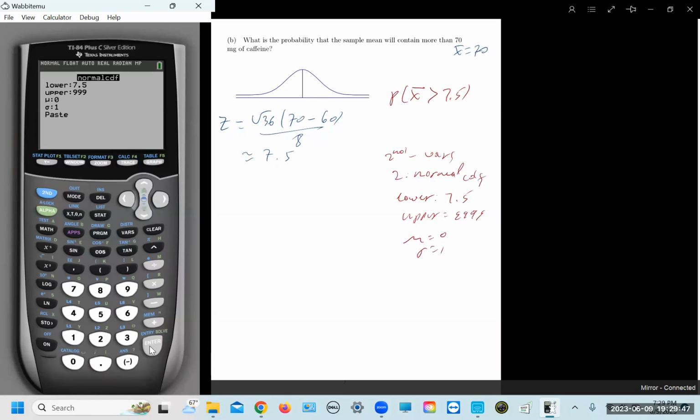We paste this, and this one equals 3.21 e to the minus 14. Again we use mu 0 and sigma 1.